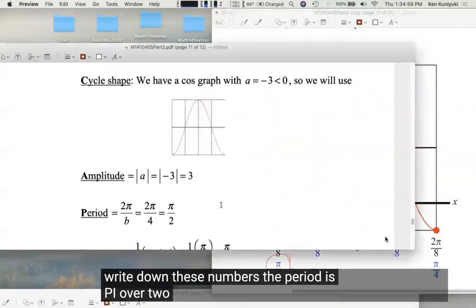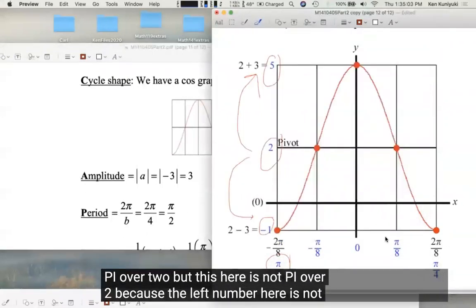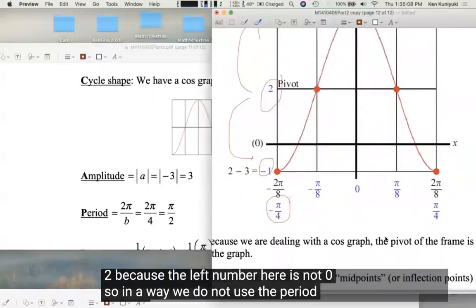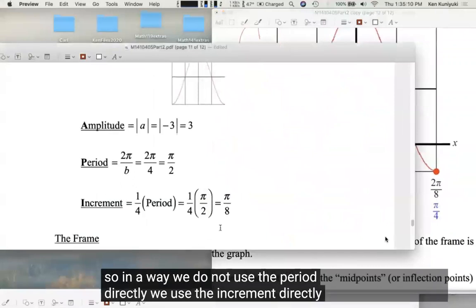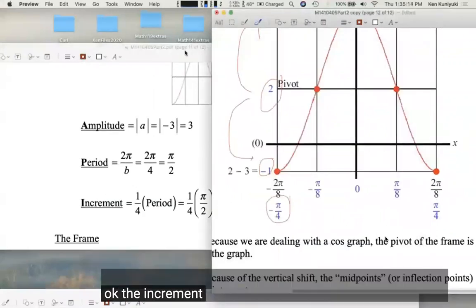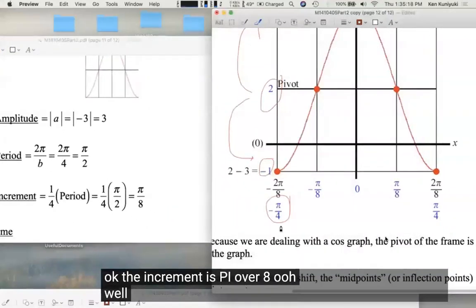The period is pi over 2, but this here is not pi over 2 because the left number here is not 0. So in a way, we do not use the period directly. We use the increment directly. Okay, the increment is pi over 8. Well, this is in fourths, so let's convert to eighths.